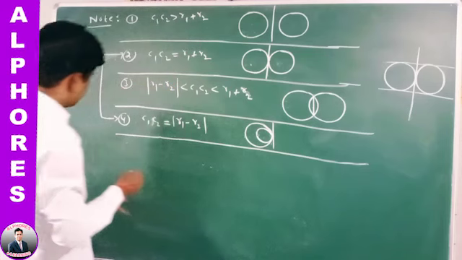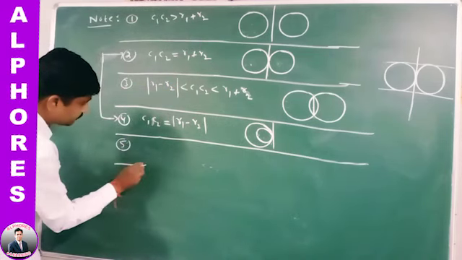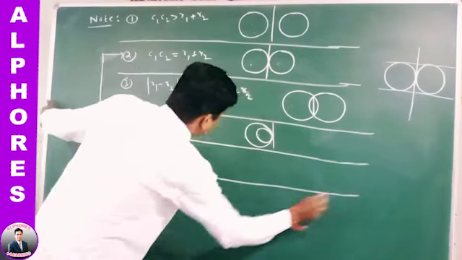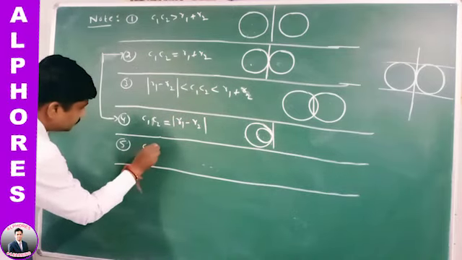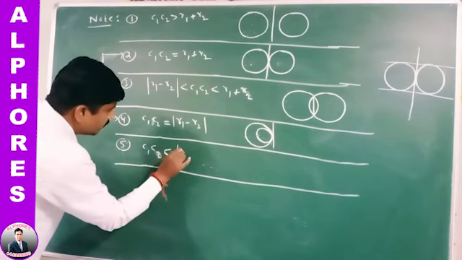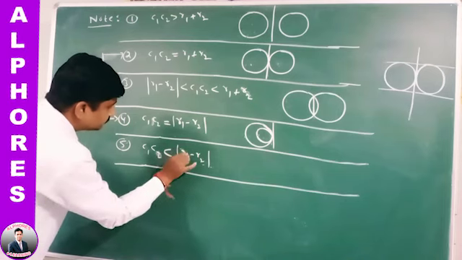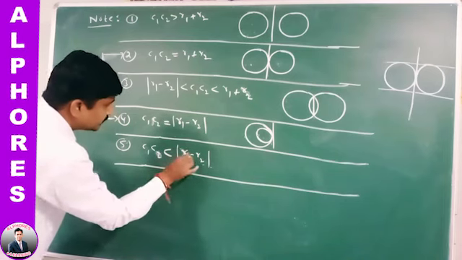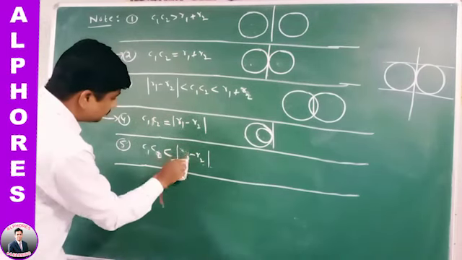Okay, now the fifth one, the last condition: C1 C2 less than modulus of R1 minus R2.